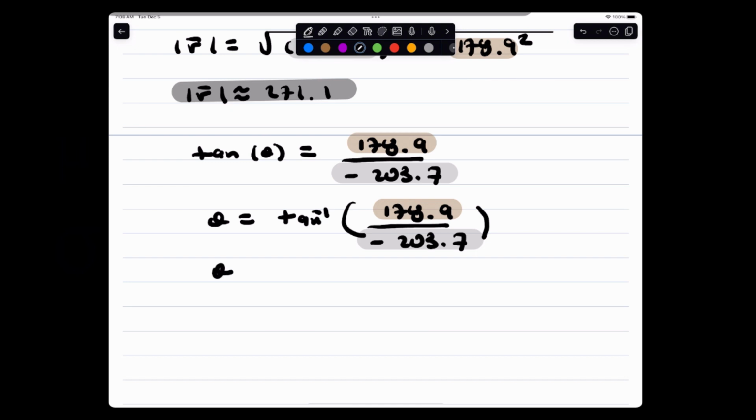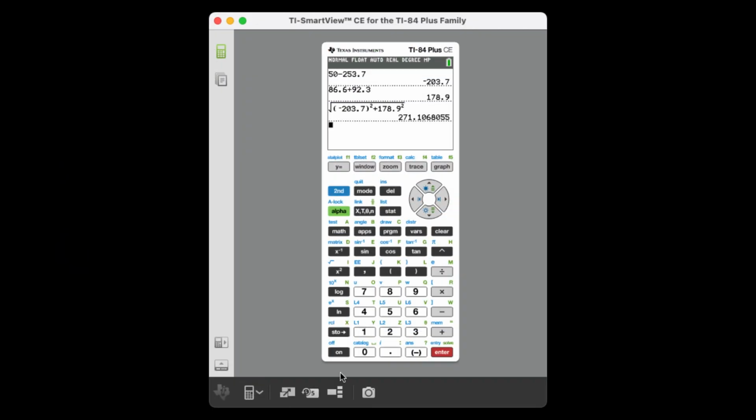Okay, so let's get the standard angle and see what this is. Okay, so we'll put 203.7. You guys can see all of it there. What's our standard angle to the nearest degree? Is that negative 41 to the nearest degree?